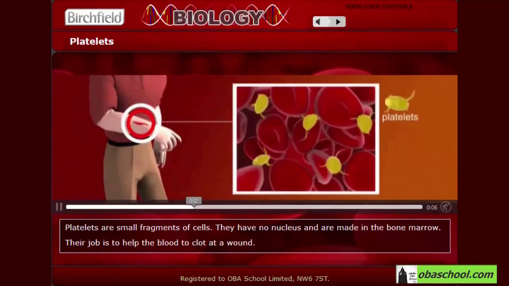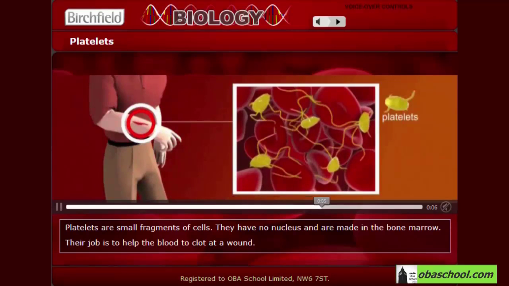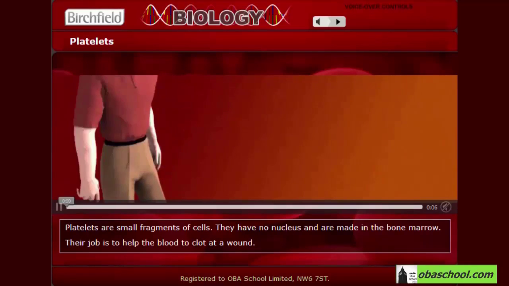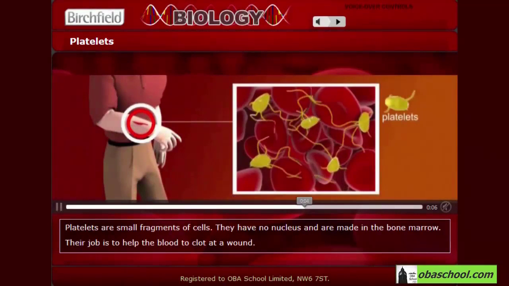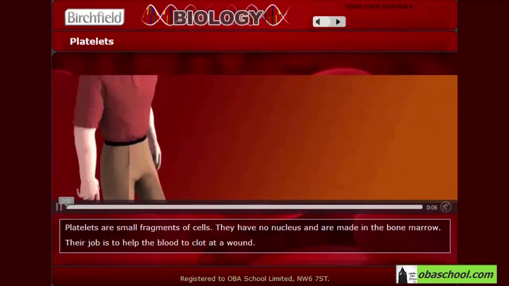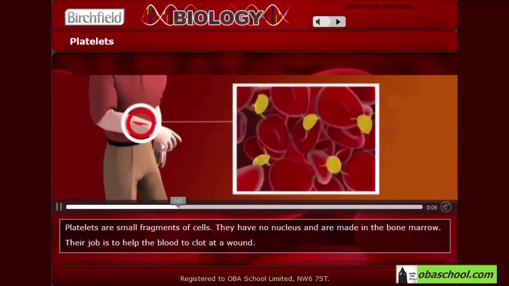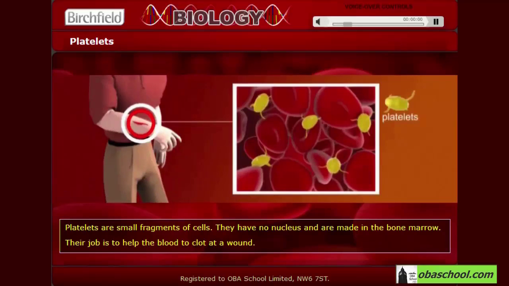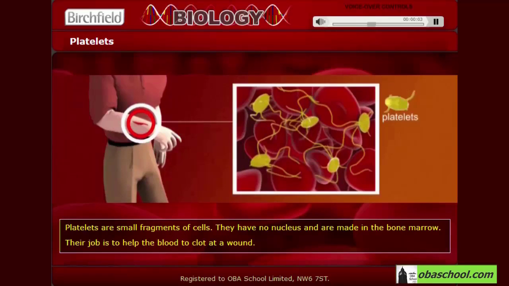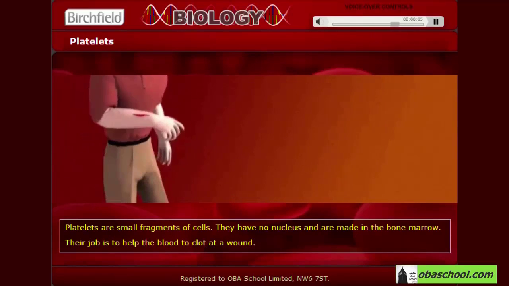After we have explained the function of red blood cells, let's talk about a different constituent of the blood, which is the platelets. Usually when we cut our hands, something called a blood clot happens to stop the bleeding, where we find the blood beginning to solidify. Platelets are small fragments of cells.